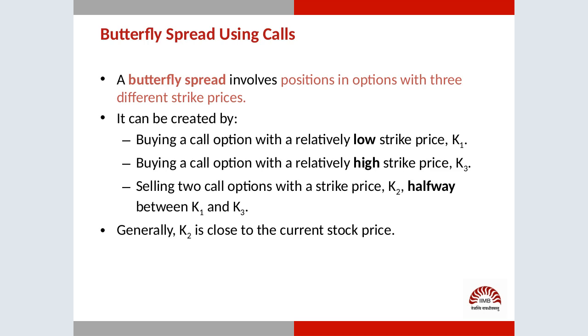For simplicity, I'm assuming K1 to be the one with the low strike price, K2 the one with the middle strike price, and K3 the one with the high strike price. Typically, K2 is the midpoint of K1 and K3. We assume that K2 is close to the current stock price, though it does not have to be. Right?